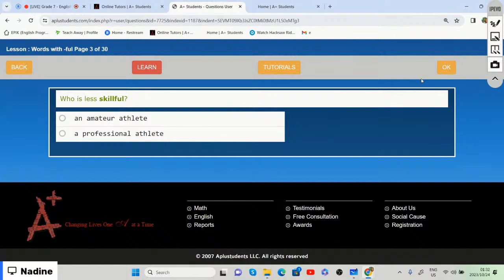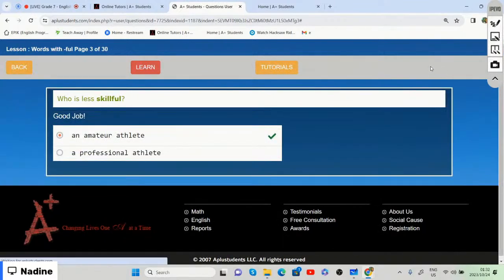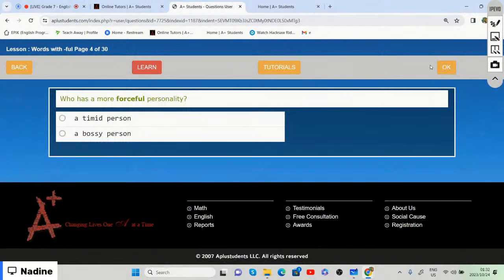Which one is less skillful? All right, so we can then say an amateur athlete is less skillful than a professional athlete because a professional athlete is skillful, not less skillful.